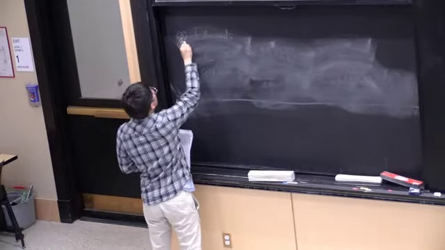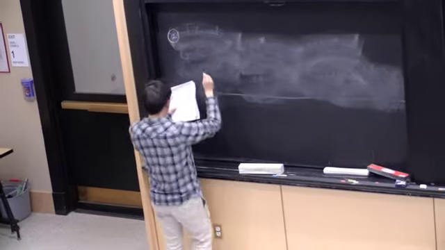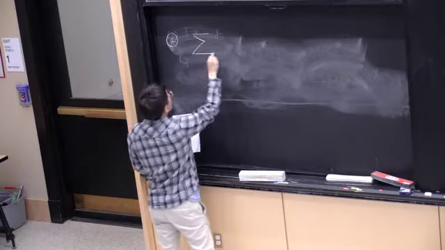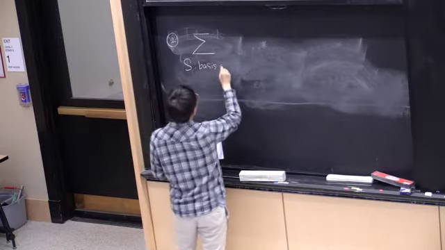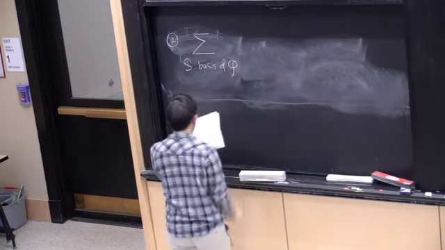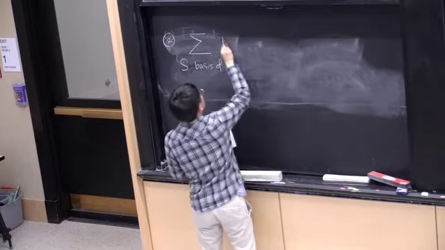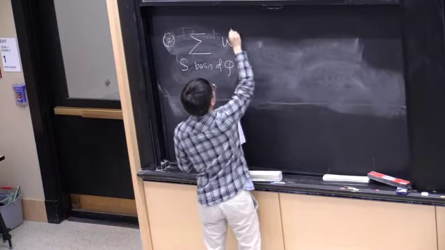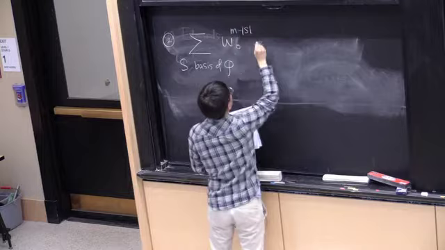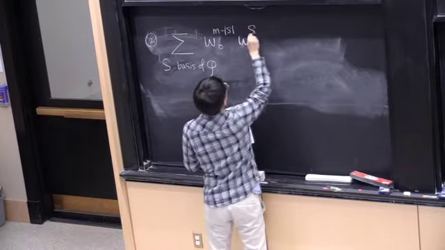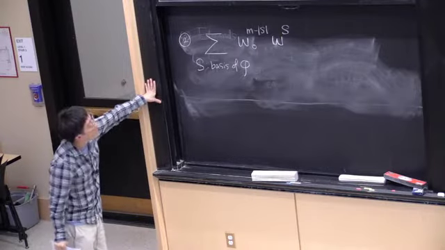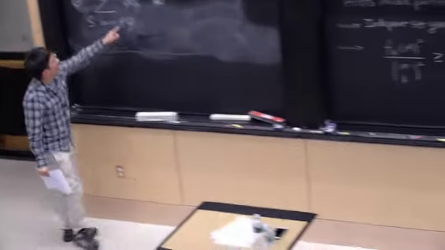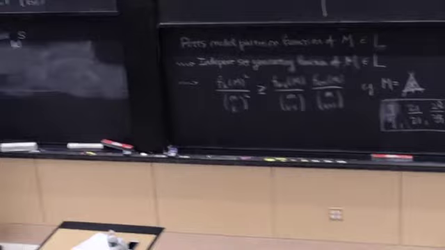And 2, if you sum over all bases of phi of the monomials w0 to the m minus cardinality of S times w of S, this homogeneous polynomial has degree m and the number of variables is m plus 1.